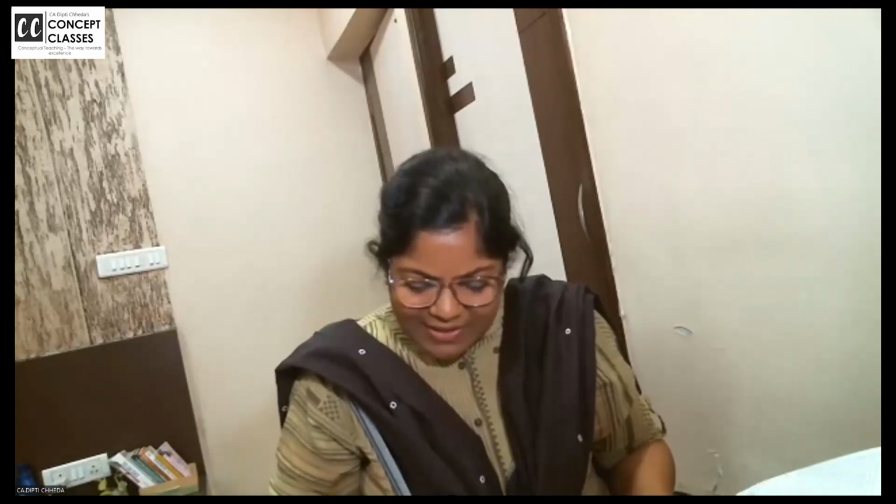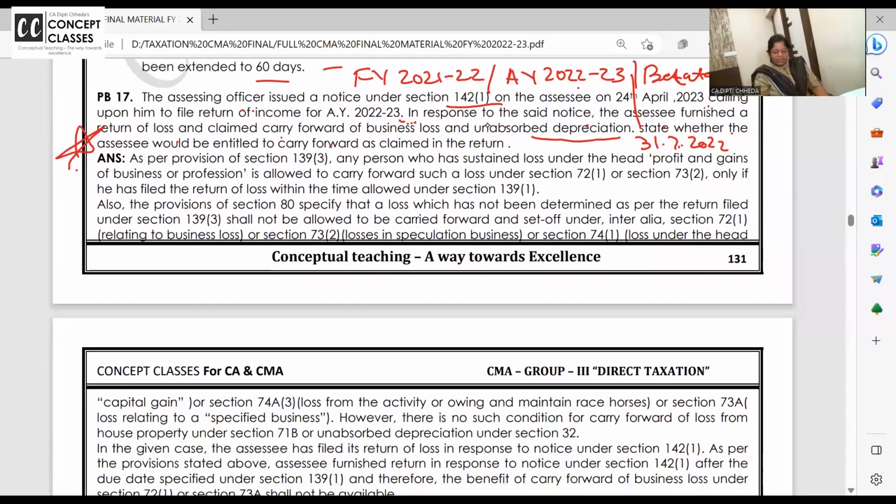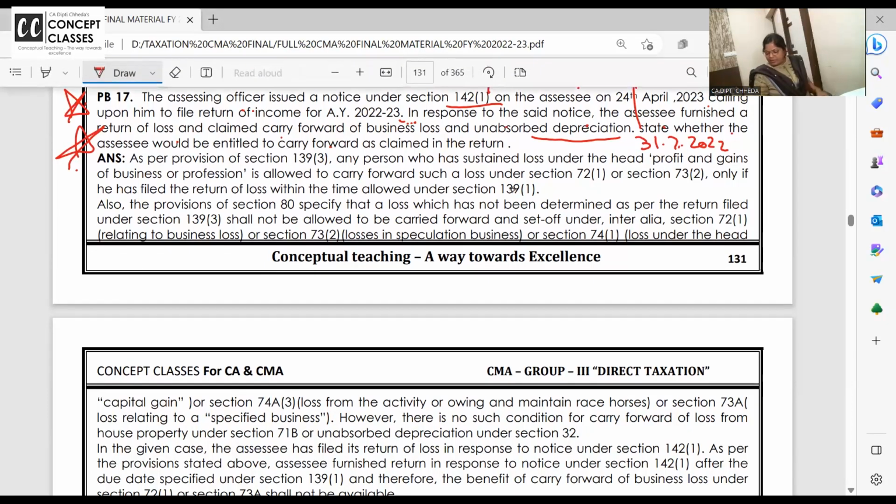So this is the logic for the assessment procedure. Read it once, the date is correct. So what is the question they are asking? State whether the assessee would be entitled to carry forward the loss. Answer is absolutely no. I feel this question is very important.